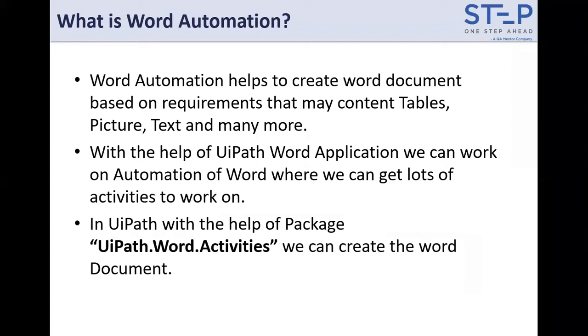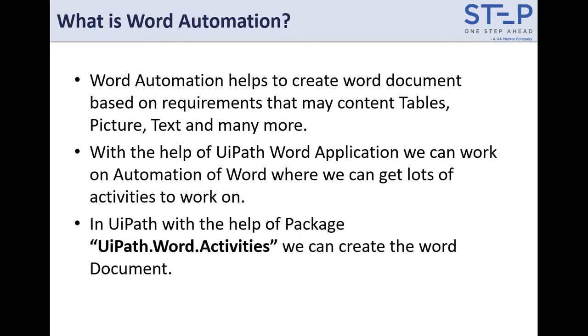So what is Word automation? Word automation helps to create a Word document that may contain text, pictures, tables and many more. We can work with all kinds of things we use in Word. We can create a document like Amit said, such as offer letters and many more documents.